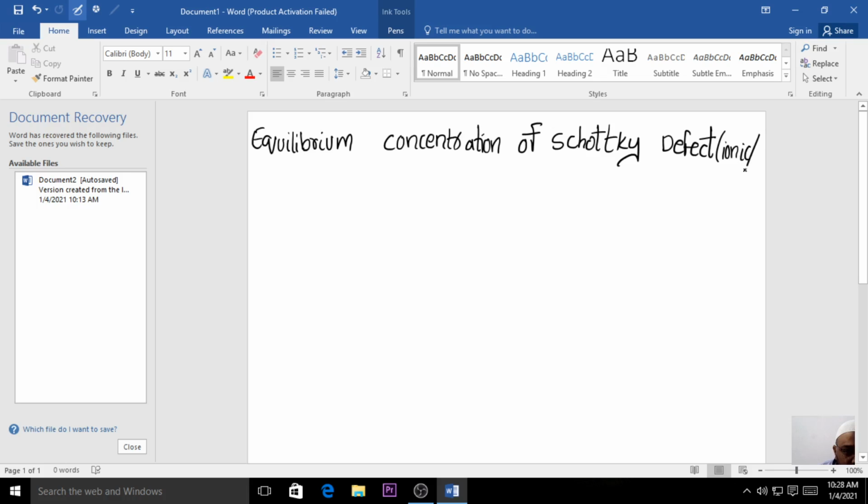There are two things here. The Schottky defect is possible in either ionic crystals or metals. In today's class we'll discuss the ionic case, very briefly. If you have any doubt regarding the ionic crystal or metal, we'll definitely discuss it.